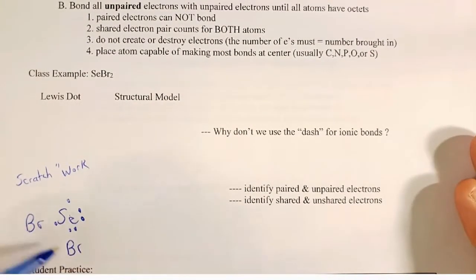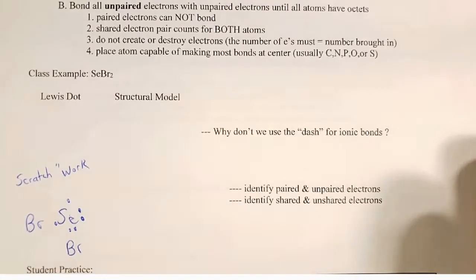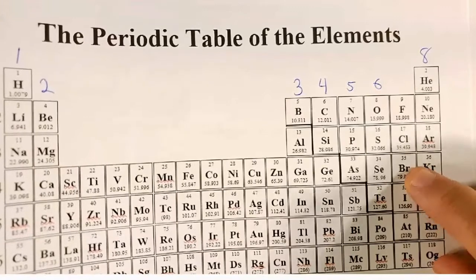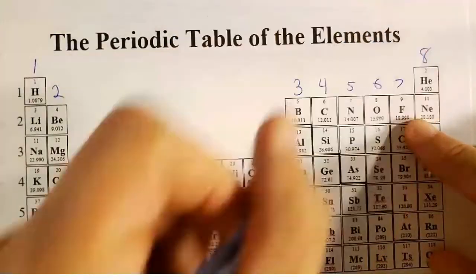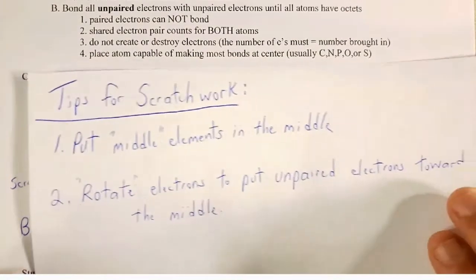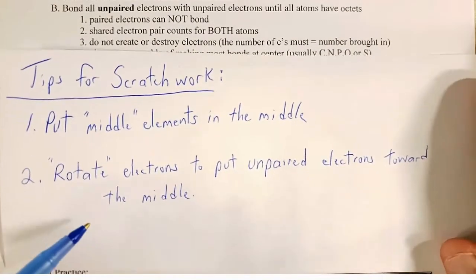Okay, now I want to do my electron dot for bromine. Of course, we can look at bromine on the periodic table and see that it's in column number 7. So it has 7 valence electrons around it. Now, another tip here for when you're doing your scratch work, when you're doing your valence electrons, is that you can rotate your electrons.